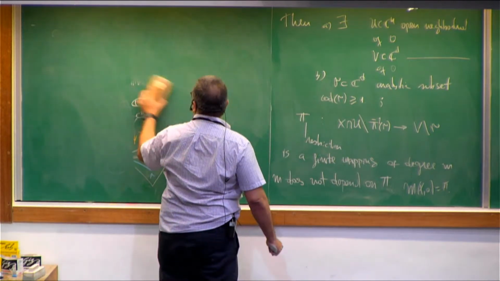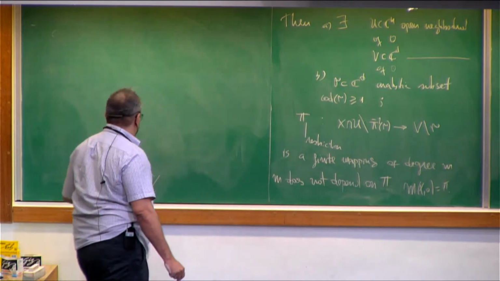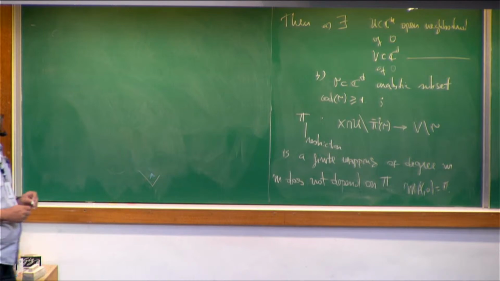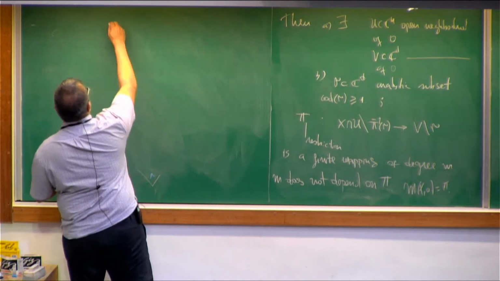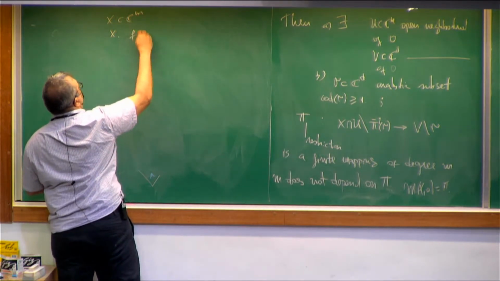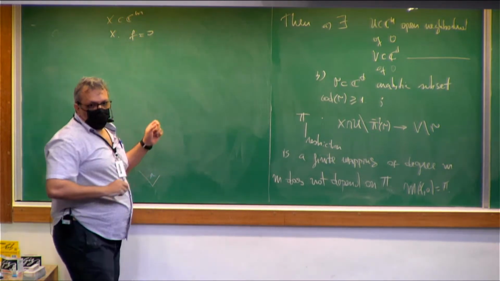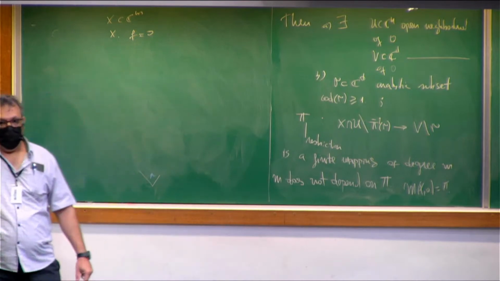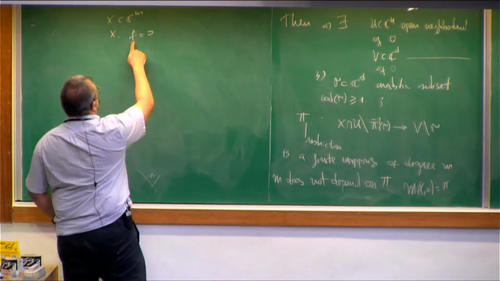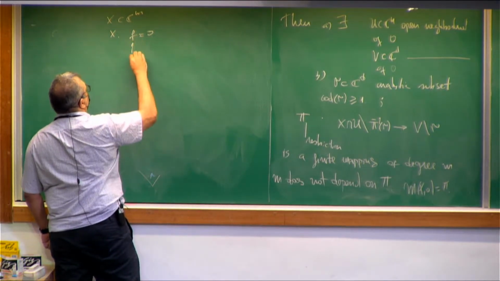Let me show how this multiplicity appears when you are in a hypersurface. Suppose you have a hypersurface in C^n. This is defined by a function, and the origin is a singular point of this set. Then you take the Taylor development of this guy.